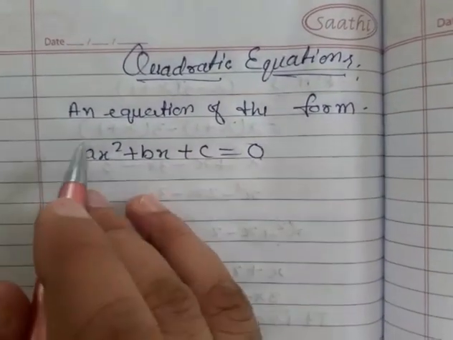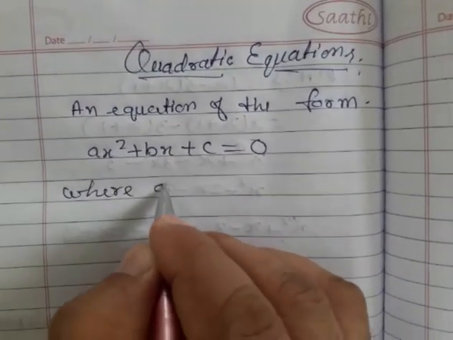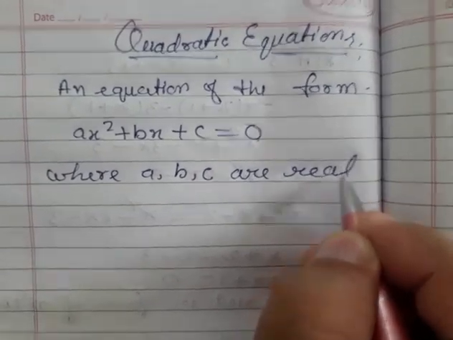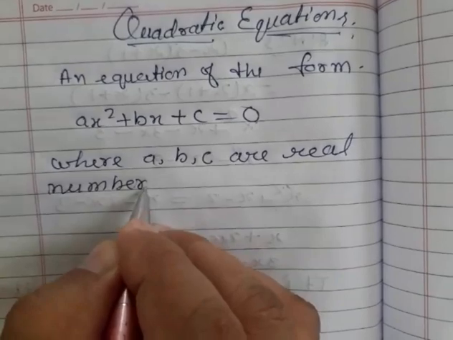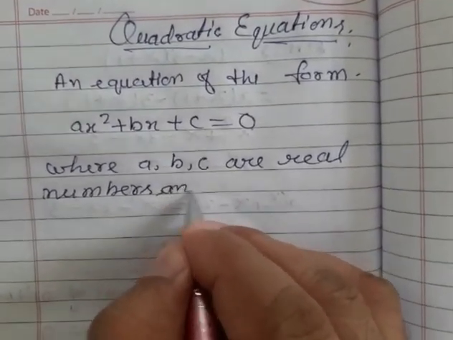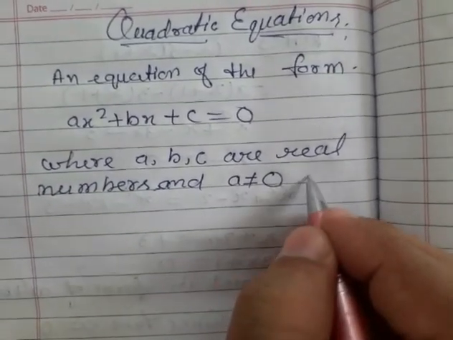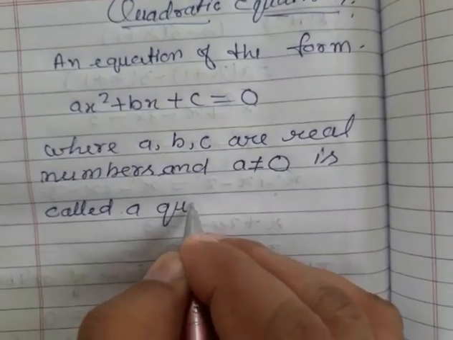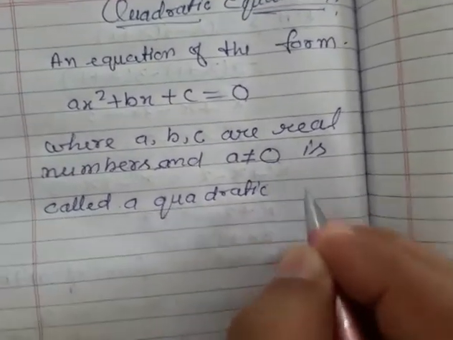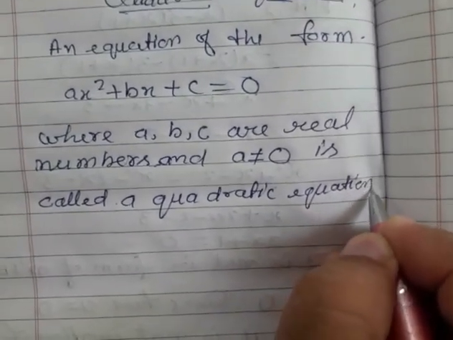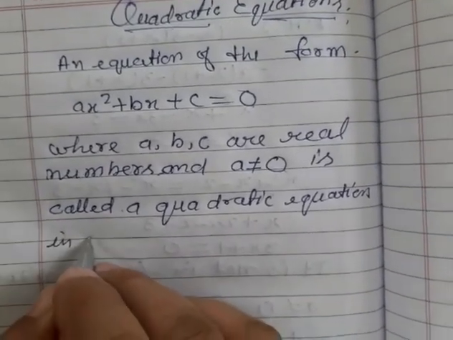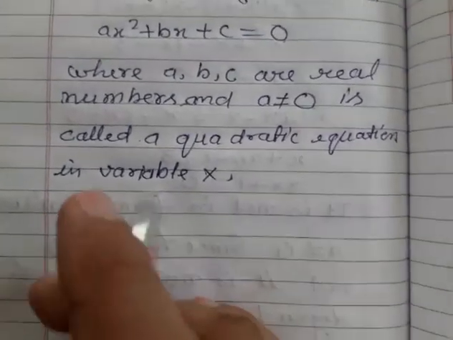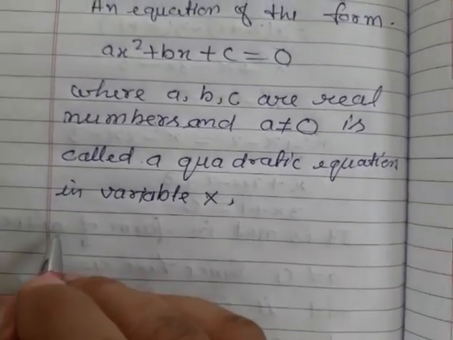This one is the standard form of a quadratic equation, where a, b, c are real numbers and a does not equal 0. It is called a quadratic equation in variable x.